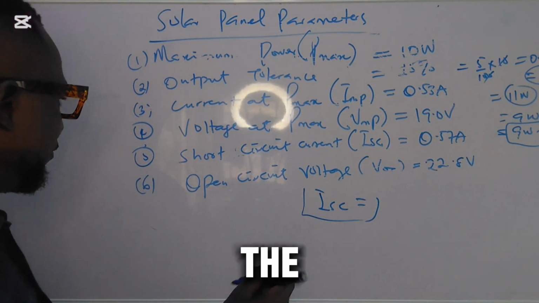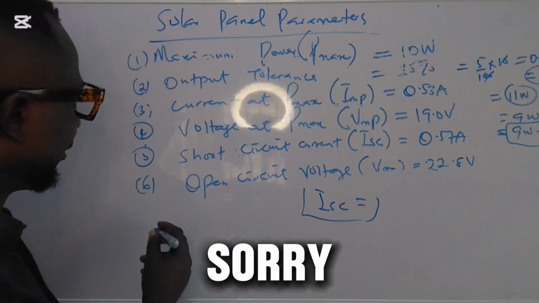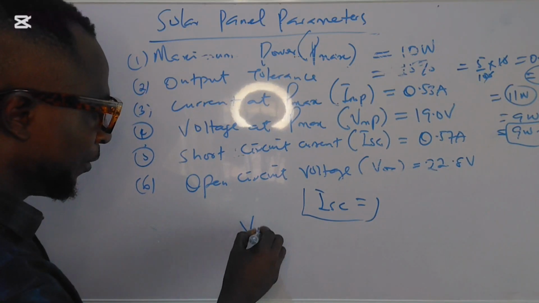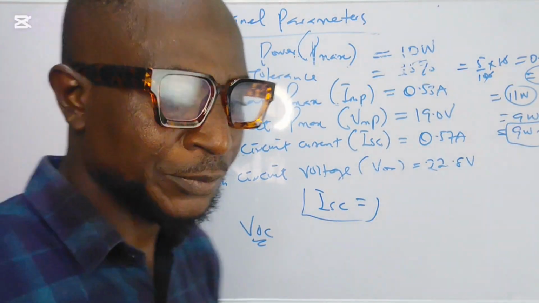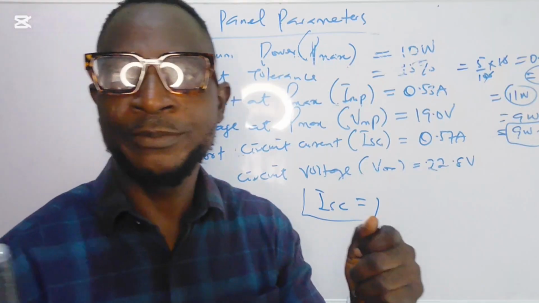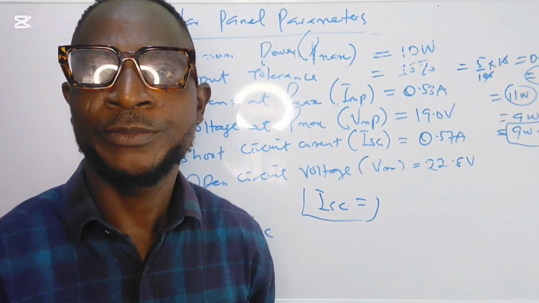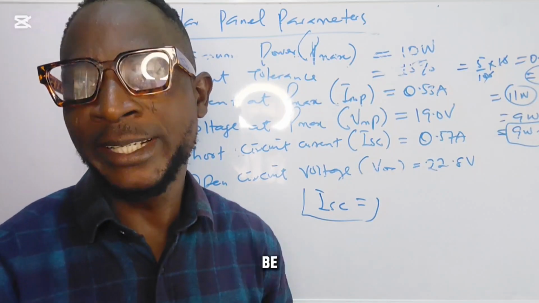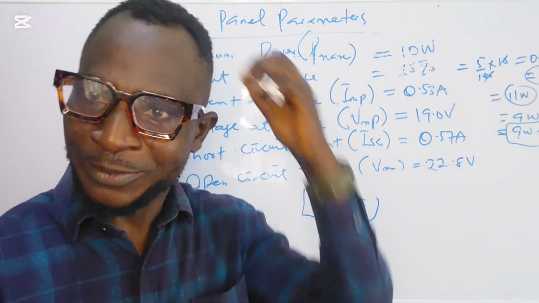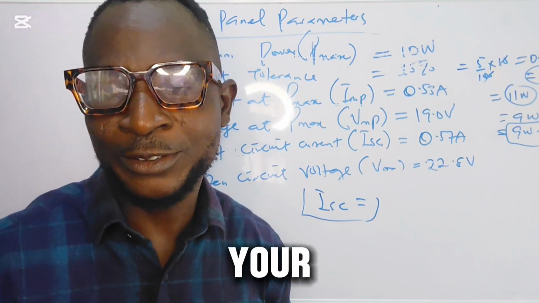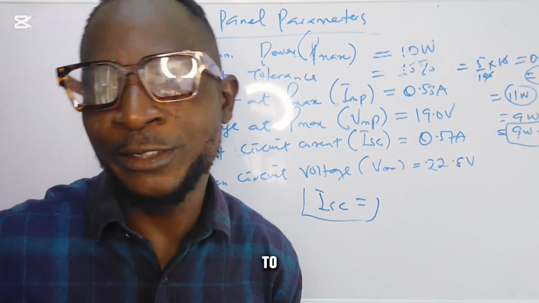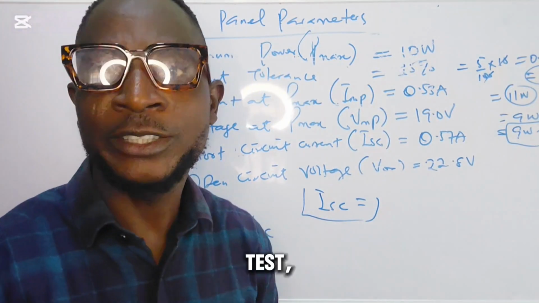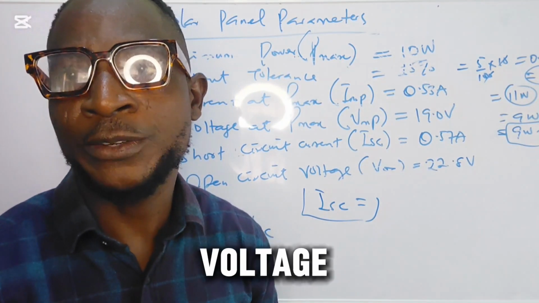Then we move to the sixth one, which is open circuit voltage, VOC. If you buy a solar panel and you measure the voltage before it is connected to your solar charge controller and linked to your battery, using your multimeter, what we'll be getting is what we call the open circuit voltage.